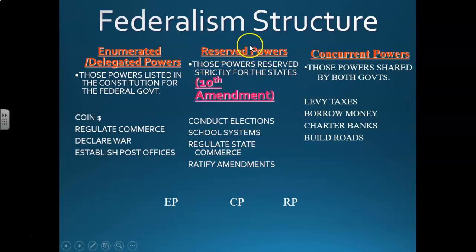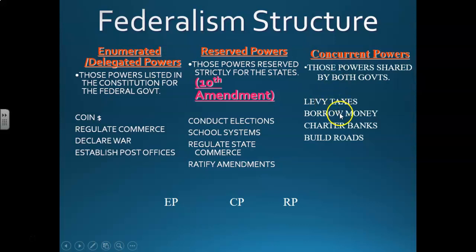So not only do you need to know what the definition of reserve powers is, you have to know the 10th Amendment. So we have now gone over voting amendments, 15, 19, 23, 24, 26, and now we're getting into another amendment, the 10th Amendment. Then there are powers that are shared by both governments, that both governments, state and federal, can do.